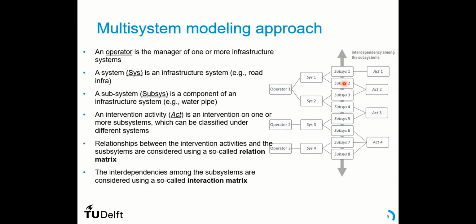So there's an interdependency. If you want to execute an intervention on one subsystem, maybe another subsystem will be affected indirectly. This kind of interdependency is modeled using something called an interaction matrix. So these two matrices are really key here to capture all these interdependencies. In our problem, we are going to work with subsystems and intervention activities, not much with systems and operators, but this is just here to give you the full picture.